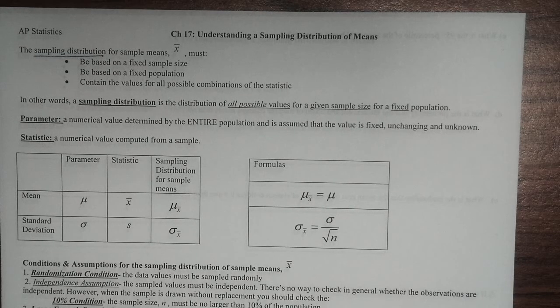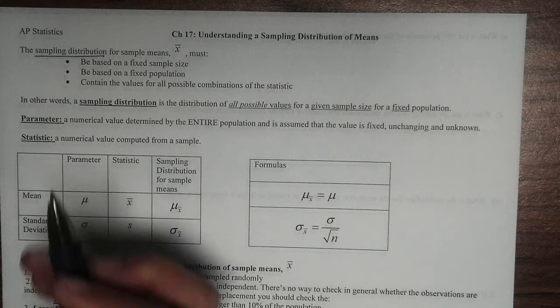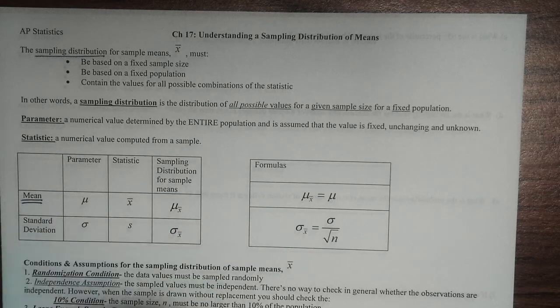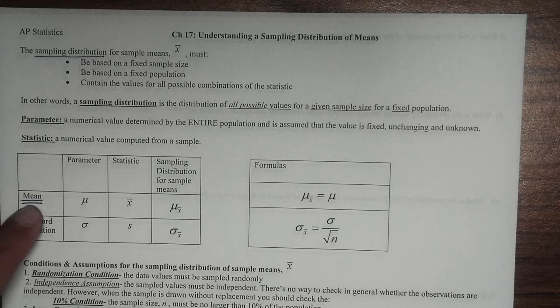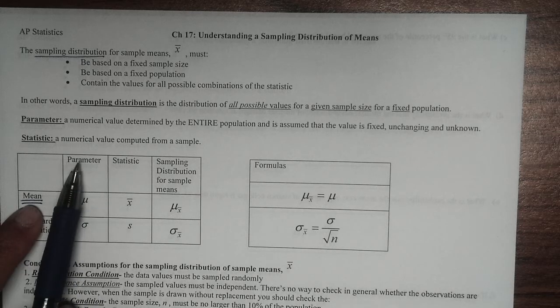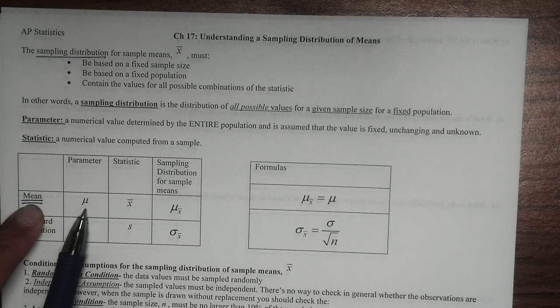Next, here are some formulas and some symbols that you need to recognize and be familiar with. When it comes to the mean of a situation, like the average salary or the average age or the average score, if you're talking about a parameter, so the entire population, you need to recognize this symbol. This is the Greek letter mu.